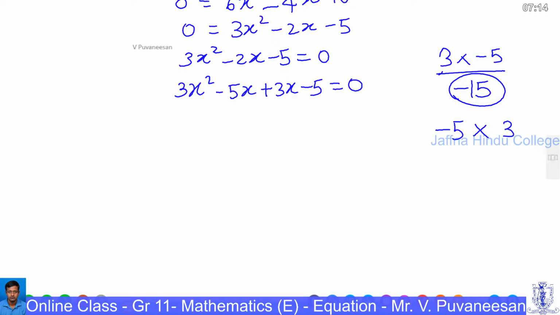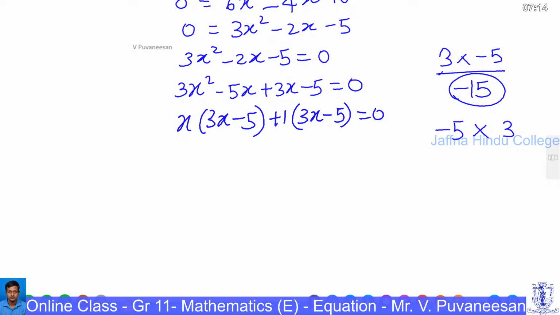Here we take x out: 3x minus 5. In the last two terms we can take plus 1 out: 3x minus 5.